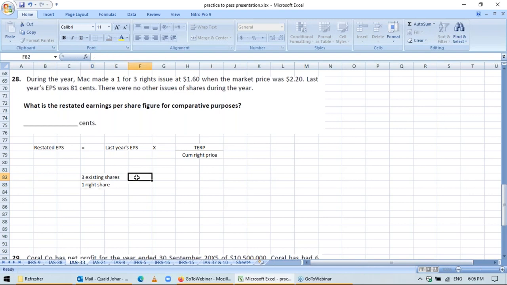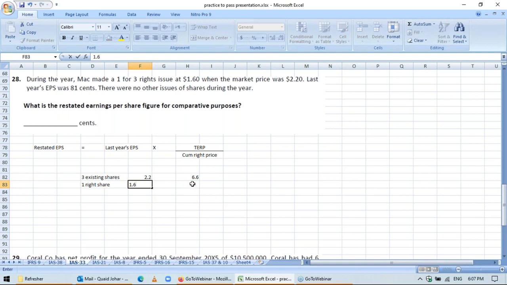Now for the theoretical ex-right price, you need to know the market price before the right issue. The market price before the right issue was 2.2. So you need to multiply 3 with the market price before the right issue, and then the right issue took place and the right issue price was 1.6.